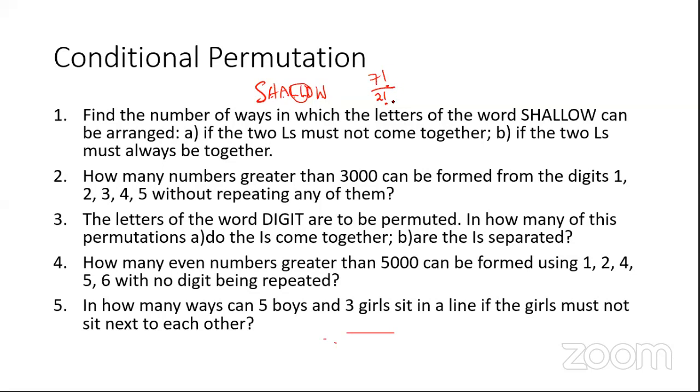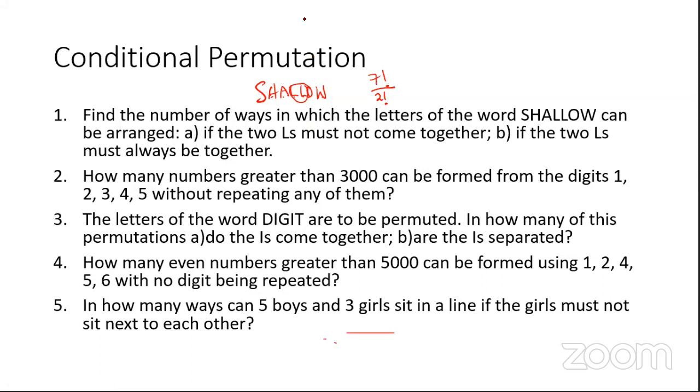So that's the answer. But now they say if the two L's must not come together, we don't want the two L's to come together. So what we can do in that case is split such a question into 2.